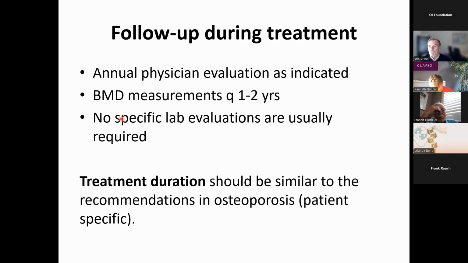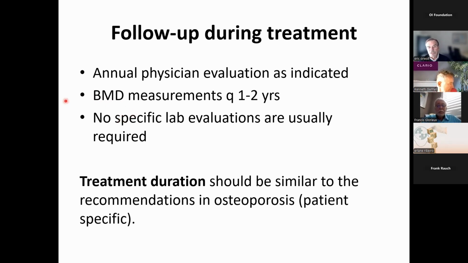Some comments about follow-up. Should drug treatment be elected in an adult with OI? It's probably appropriate to have an annual physical evaluation to ensure that the drug is being very well tolerated and that the effects are as expected.